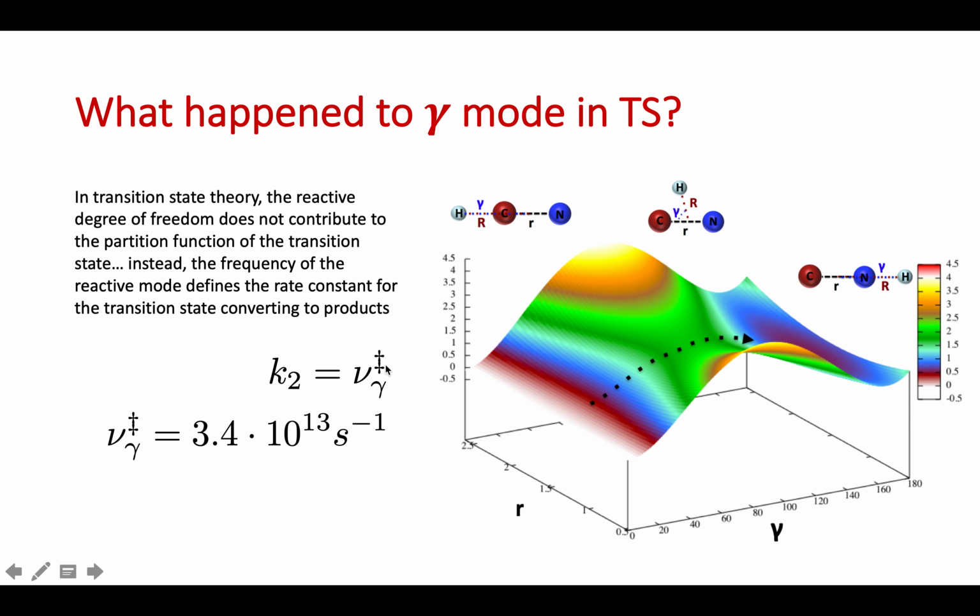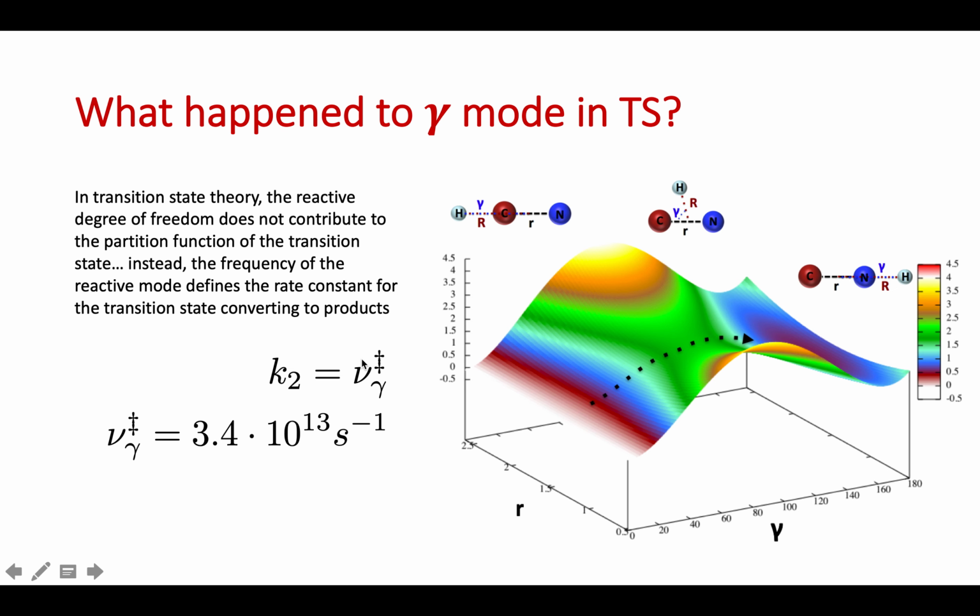You may see that this frequency has been scaled by some number, and that number may be empirical, meaning that someone might just adjust it as needed, or they may have ways of calculating a scaling factor. But nevertheless, the fundamental idea is that k2 is related to the frequency of the reactive mode in the transition state.